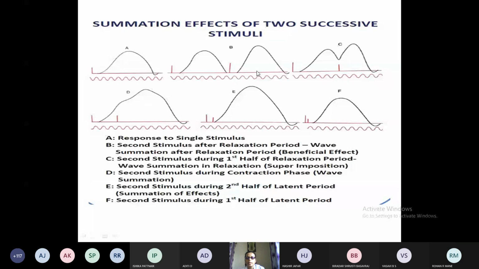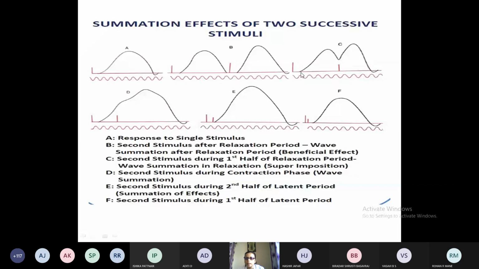Now the C point, here you can see the second stimulus is applied during the first half of the relaxation period. Meaning the first stimulus has gone through the latent period and the upstroke, but the relaxation period is not completed.